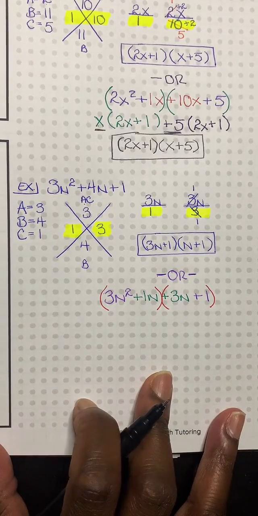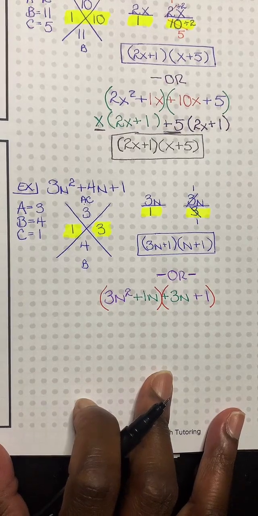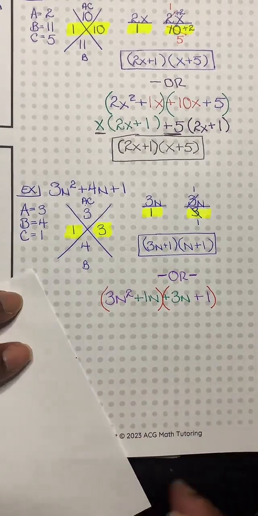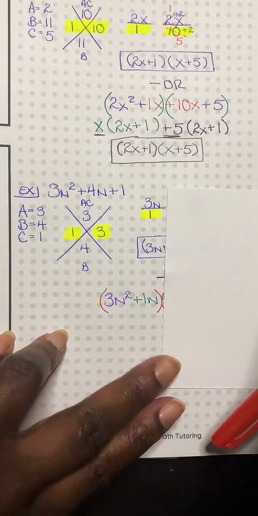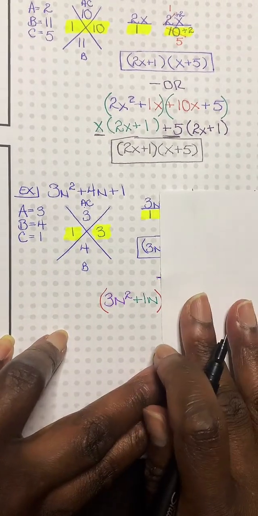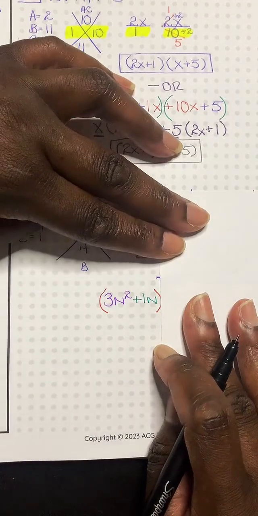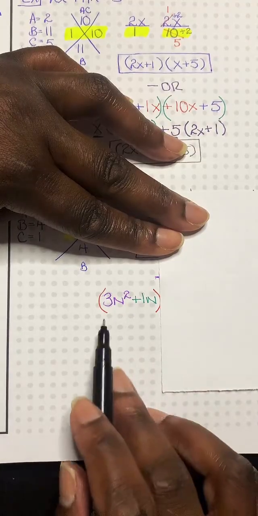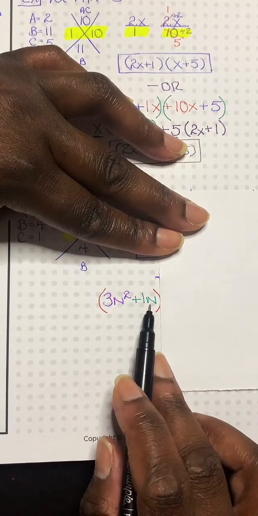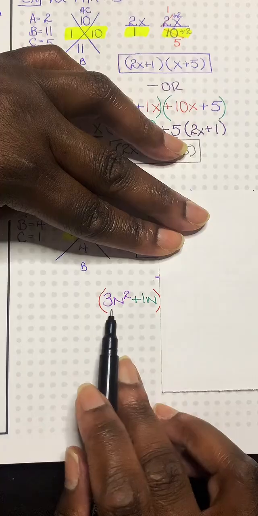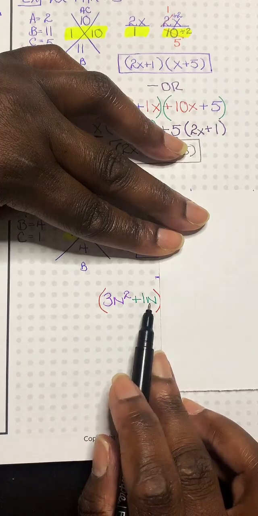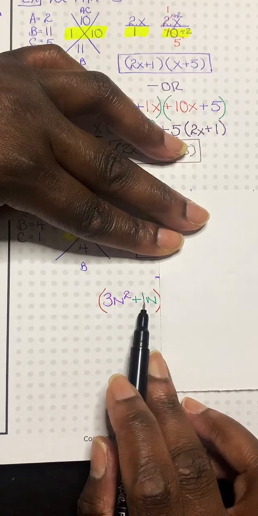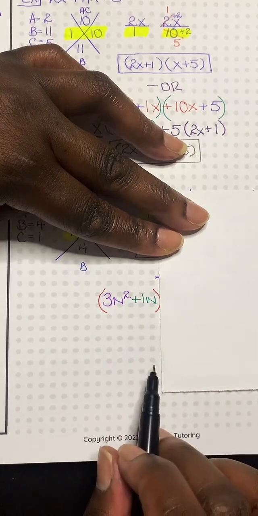Okay, you guys are still with me? Don't get nervous, it's okay. All right, I'm going to cover up this second parenthesis so we can just focus on the first. Now we have 3n squared plus 1n. What do they have in common? 3 and 1 only have a 1 in common, so we don't have to worry about that.